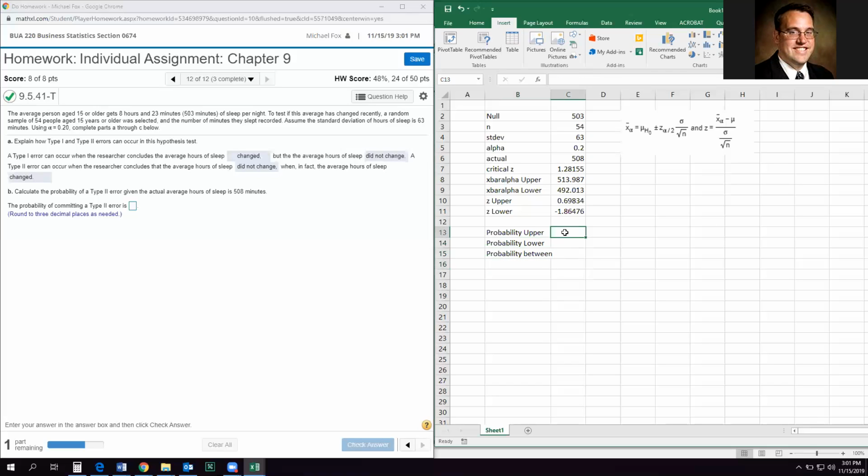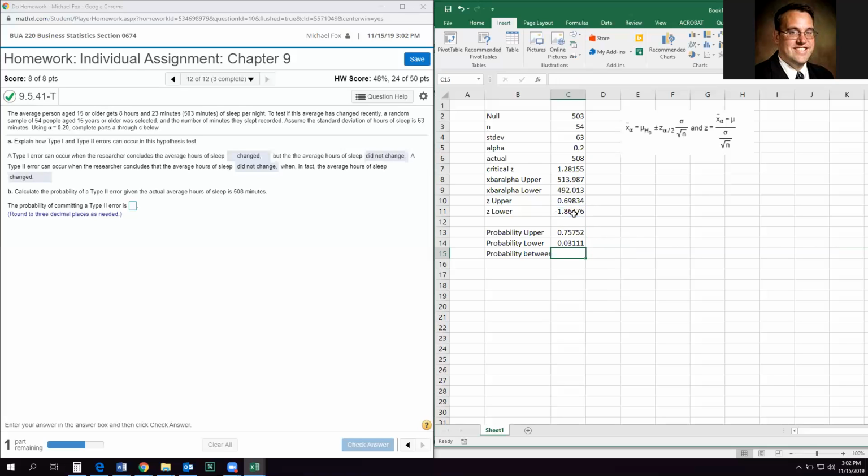The probability of the upper is going to equal norm.s.dist, the upper z-score there, true. And the probability of the lower is going to equal norm.s.dist, the z-score of the lower, true.